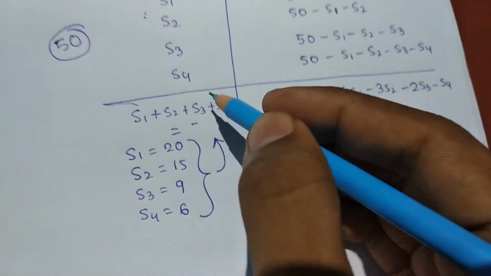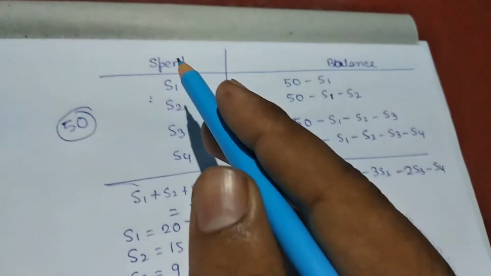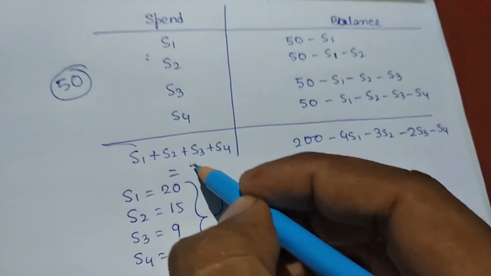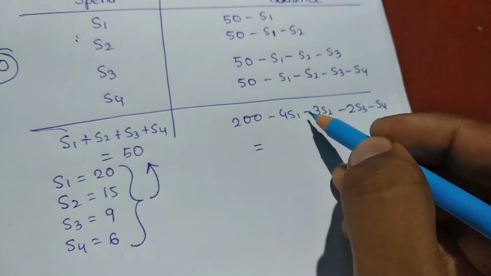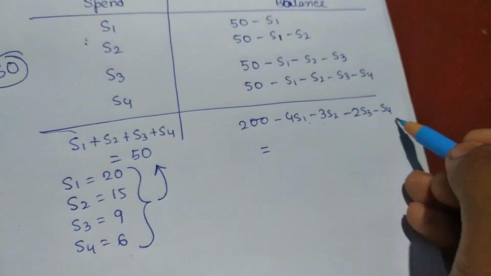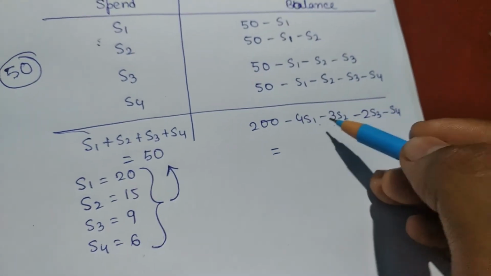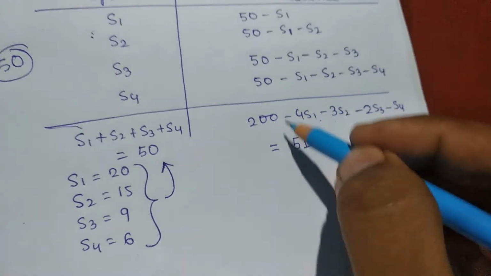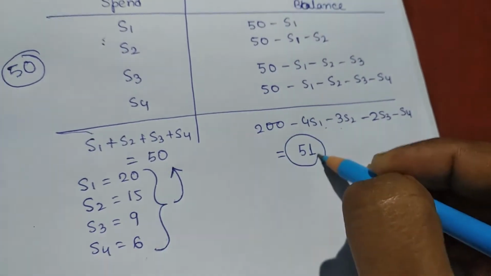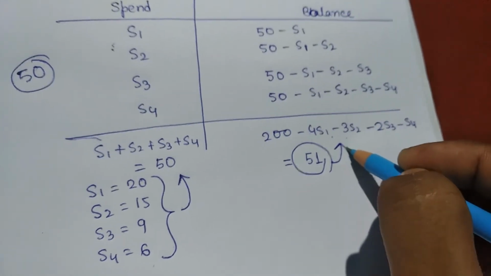We should get, and we must get, that this spend value is equal to 50. But here, if we put these S1, S2, S3, S4, we just get 51. Remember, we got 51 just here.